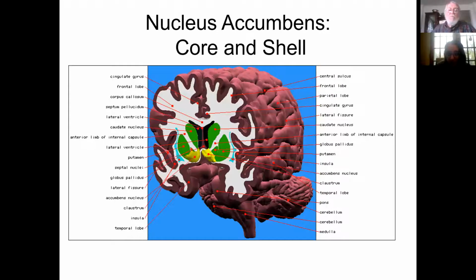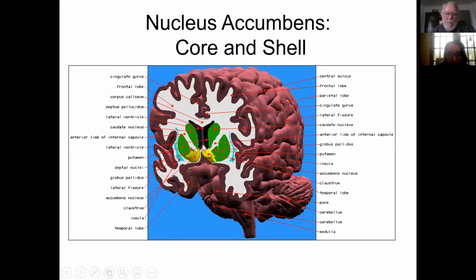So now we focus on the Nucleus Accumbens. The full name of the Nucleus Accumbens is the Nucleus Accumbens septi. What you're looking at is the Nucleus Accumbens, which you can see here in yellow, here and here.